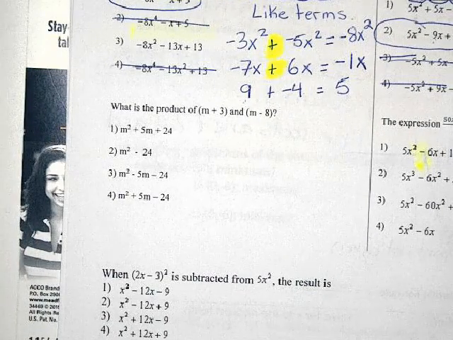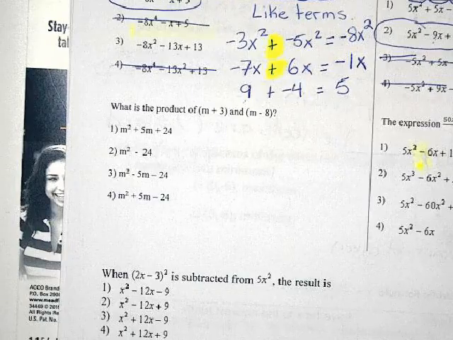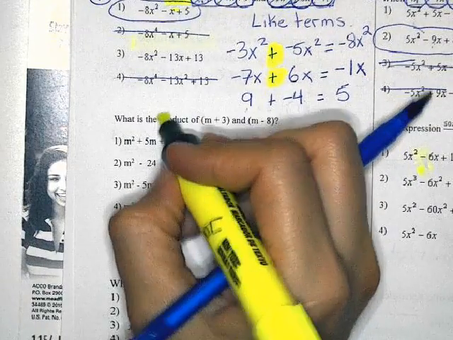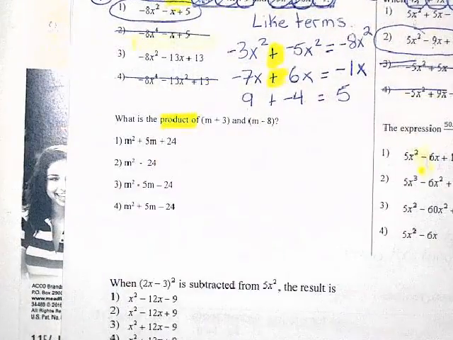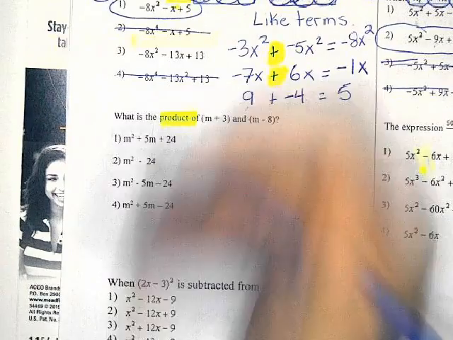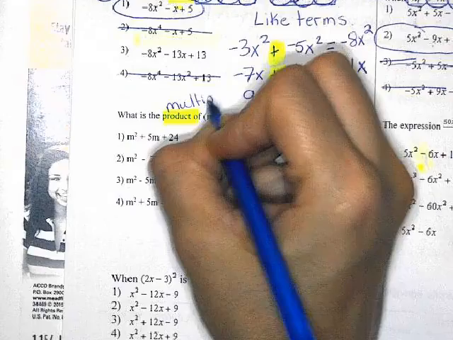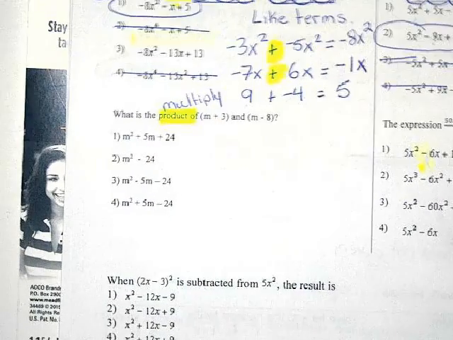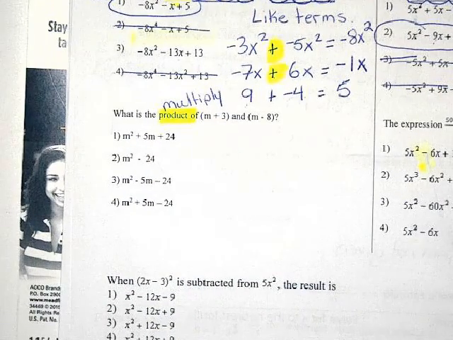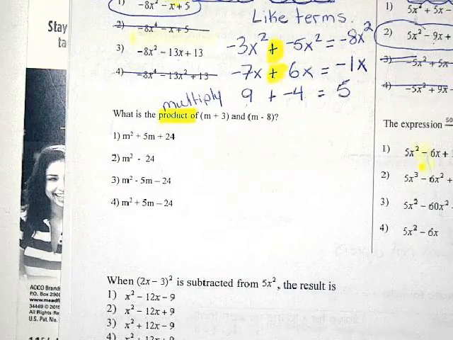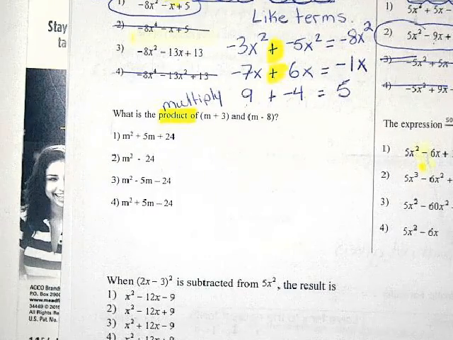Okay, again, these are all 4 different. This word means what? Multiply. Okay, that means to multiply them. Anybody know how to multiply 2 binomials?